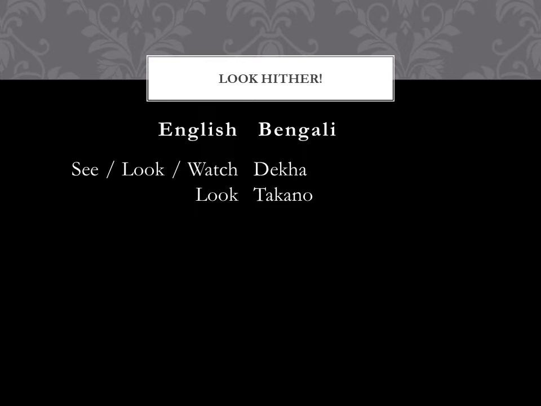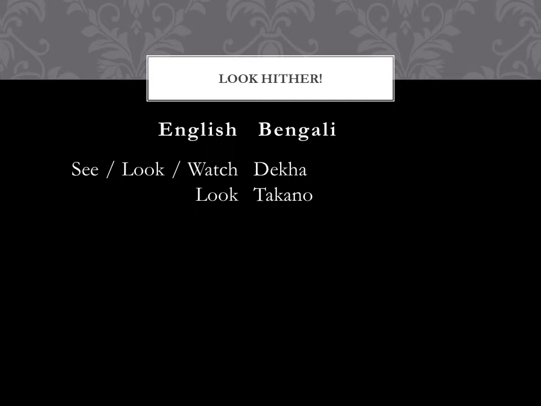So, dekha is a general word which is broad in its usage. See, look, and watch, all of these English words can be replaced by dekha. Takano, as you can see from the slide, you can only use to replace the English word look, and that also not in all cases. So, dekha is a broad general usage.